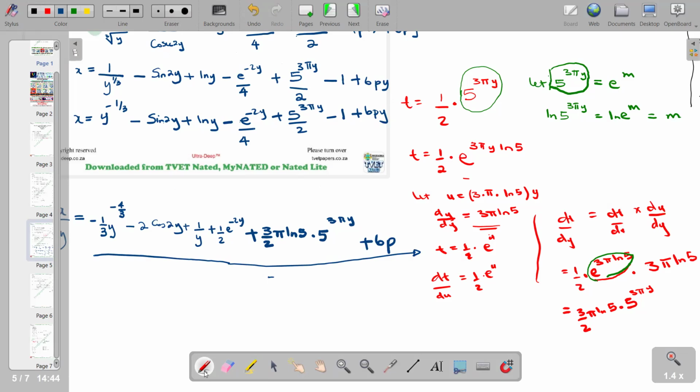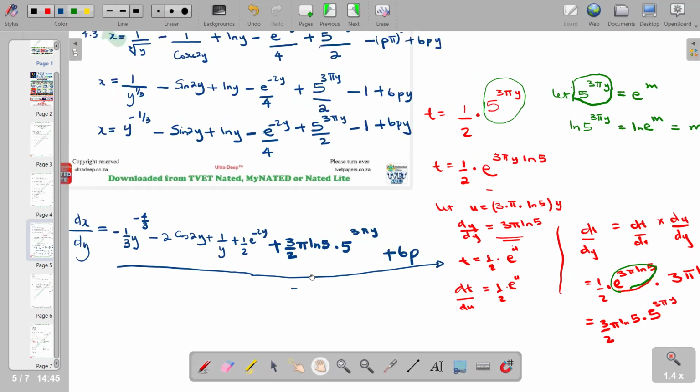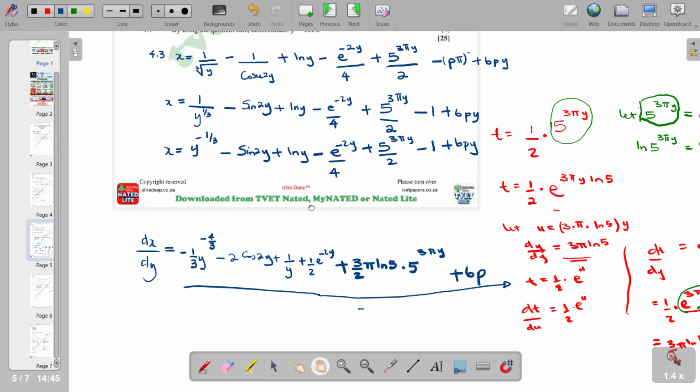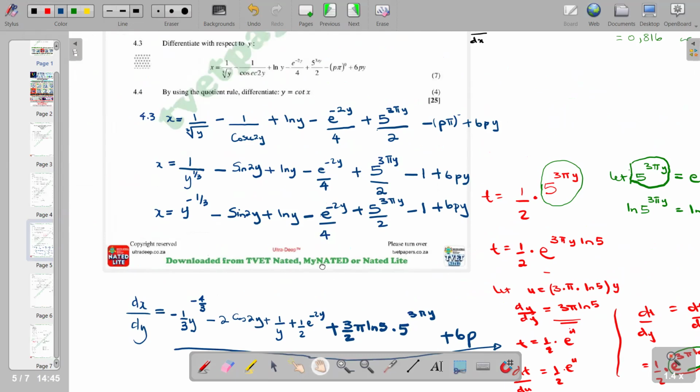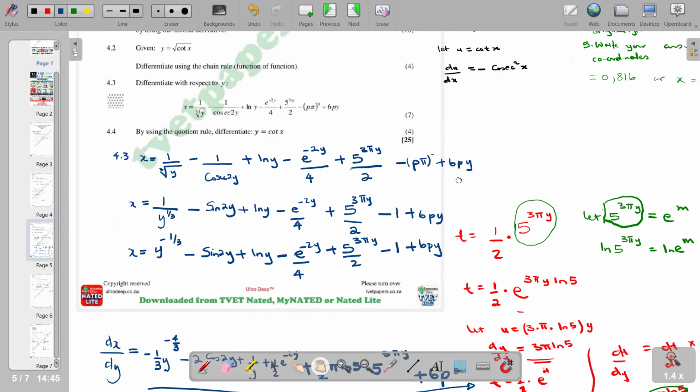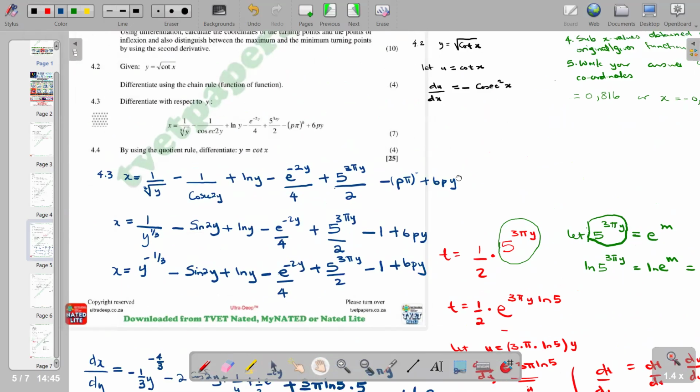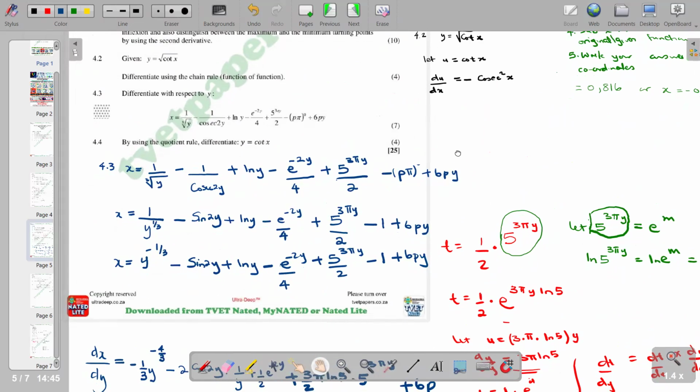Then we move to the next question. What are they saying on the next question? Here they are saying use the quotient rule. By using the quotient rule, differentiate y equal to cot x.